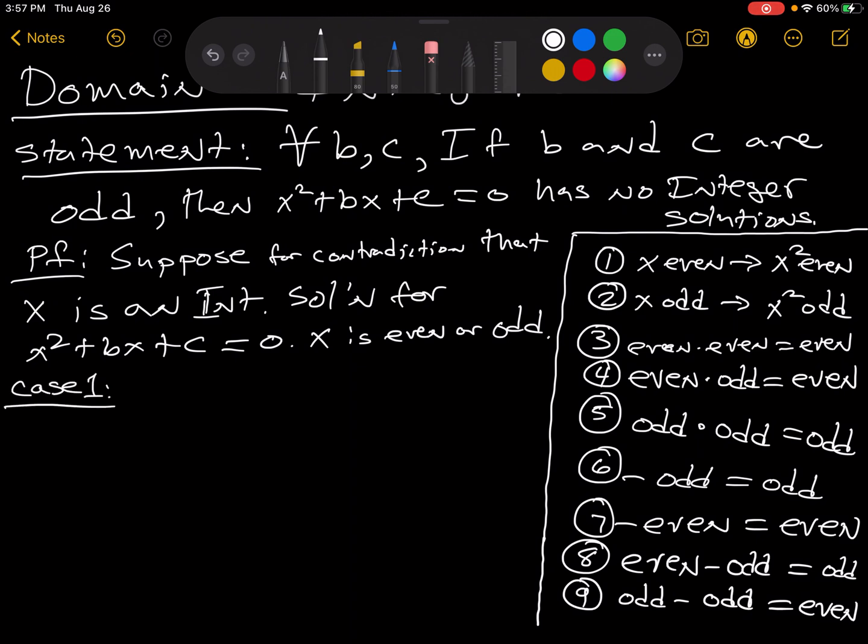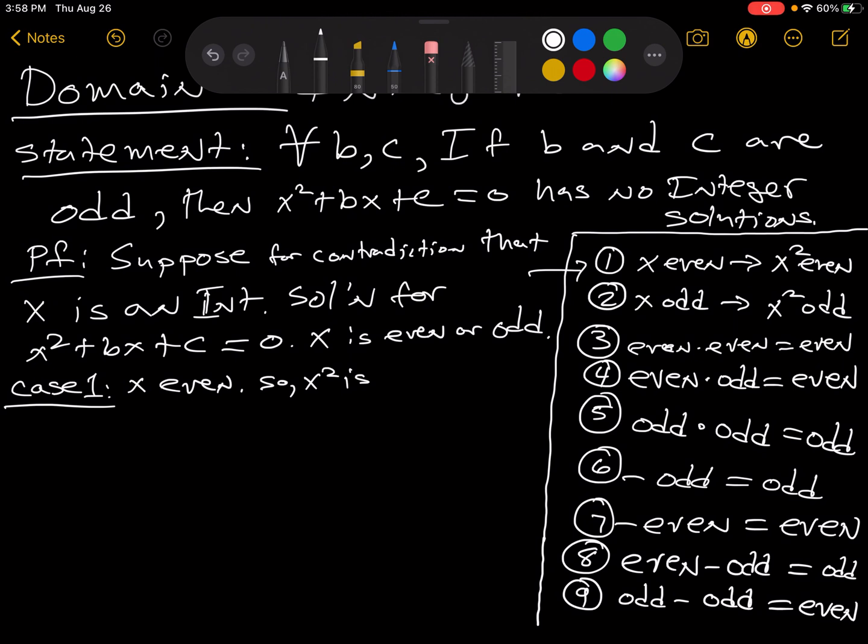Case 1. x is even. If x is even, then x squared is odd. Oh, not odd, even, right? This is by 1, right? This is 1 right here. If x is even, then x squared is even.